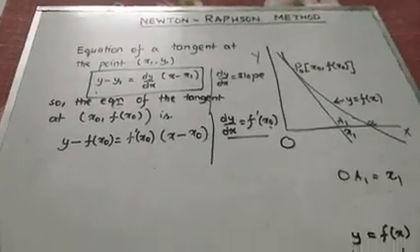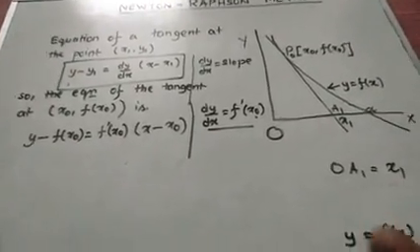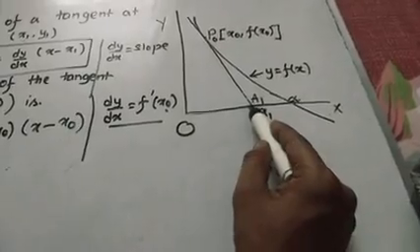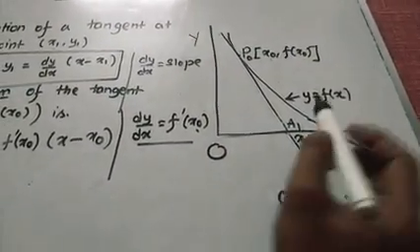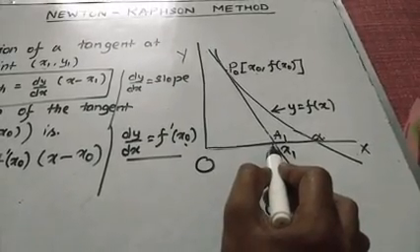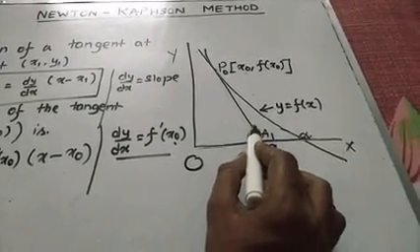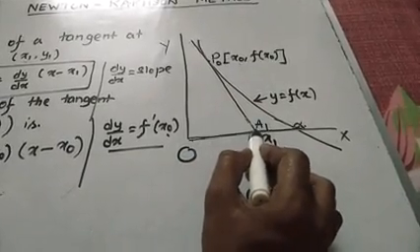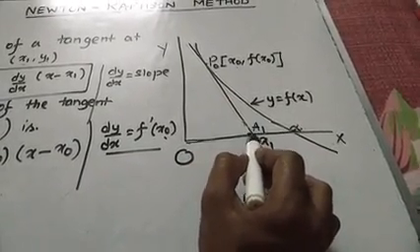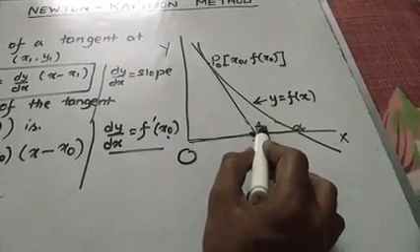Clear? Okay, now the main part of the equation, where this tangent is cutting the x-axis. This tangent cuts the x-axis at which point? A1 point. What is the coordinate of this point?